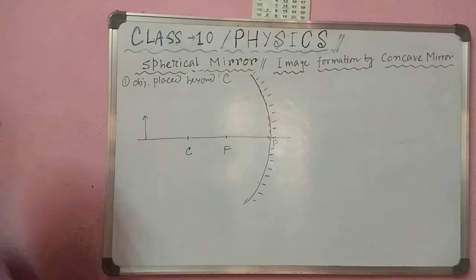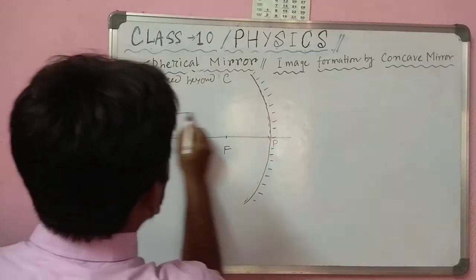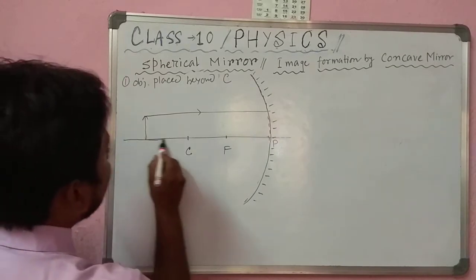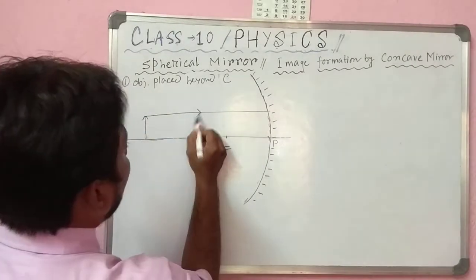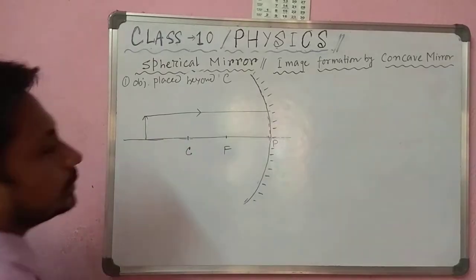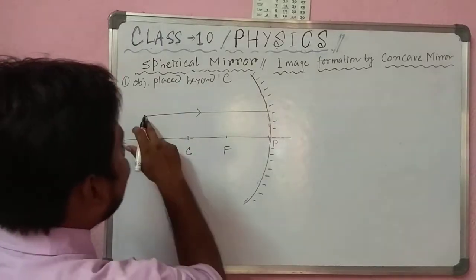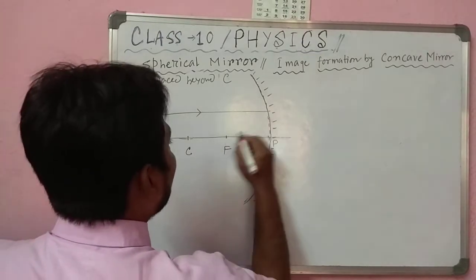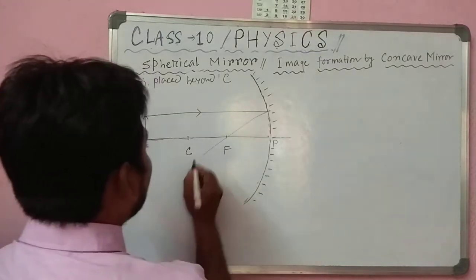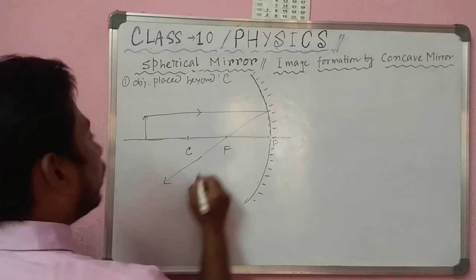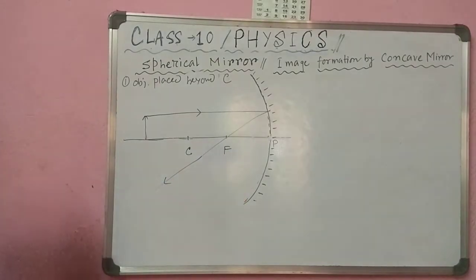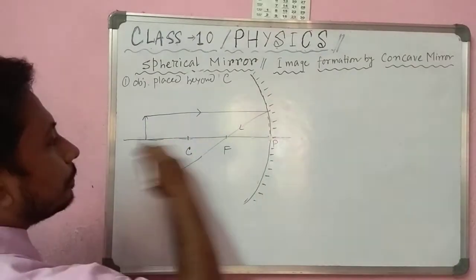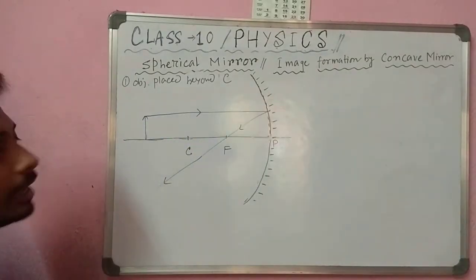Then you have to make 2 lines. The first line is parallel to the principal axis. And you know, a line parallel to the principal axis always passes through the focus after reflection, like this.